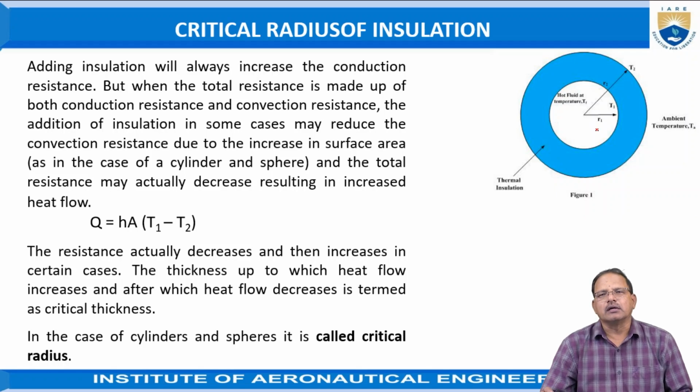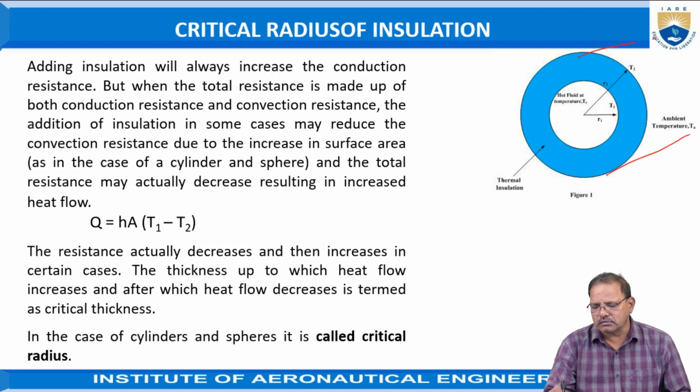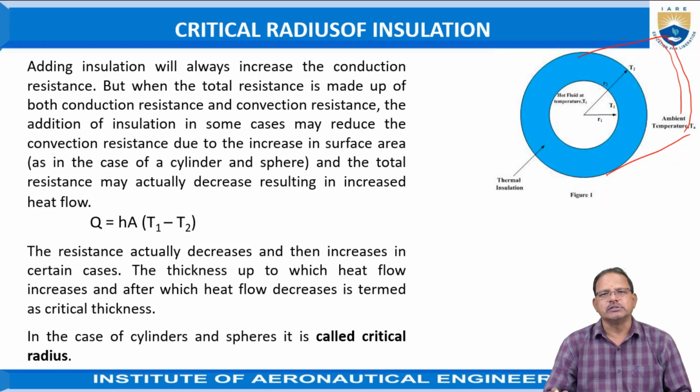Here we are taking the example of a cylinder having a certain length, like this. It is a hollow cylinder having internal radius equal to R1 and external radius equal to R2 after insulation.